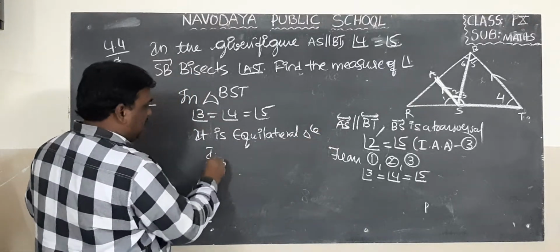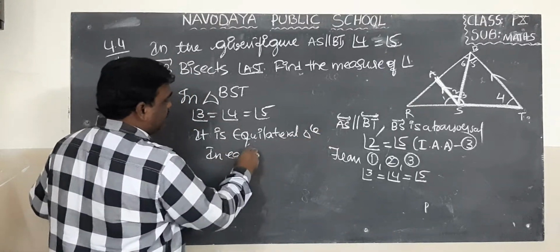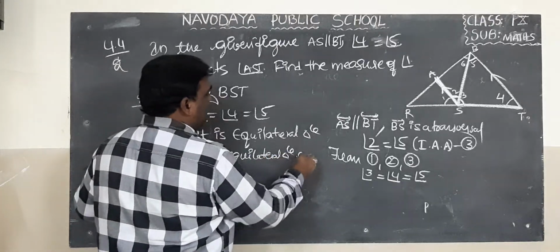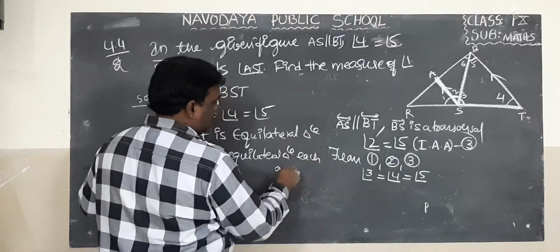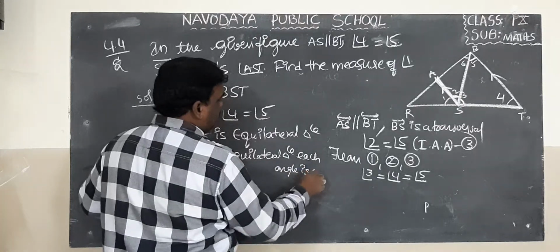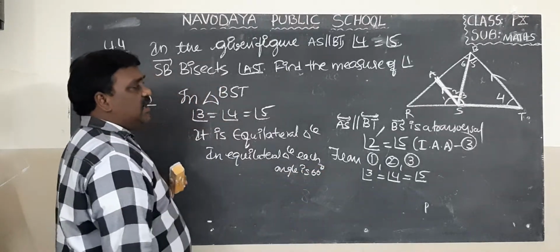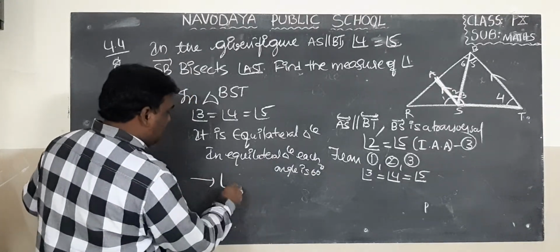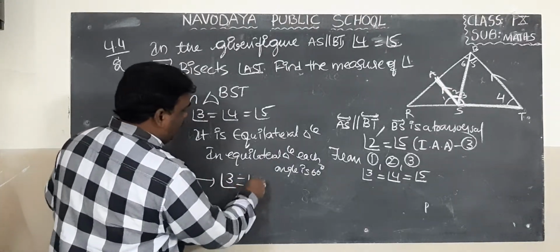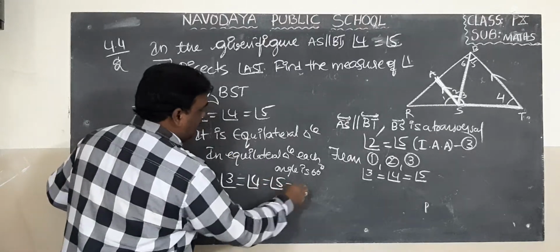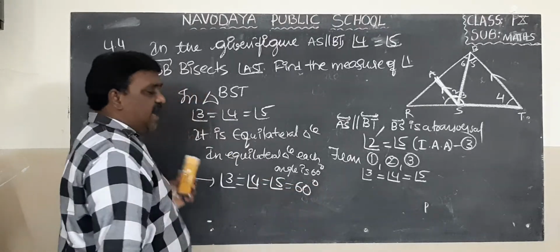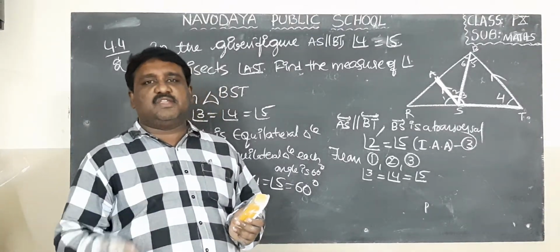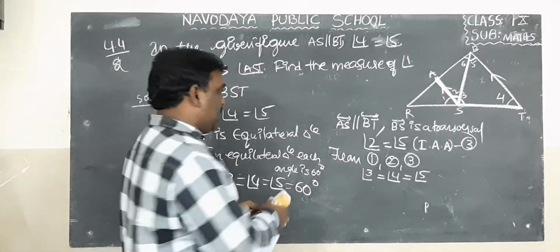In an equilateral triangle, each angle is 60 degrees. So angle 3 equal to angle 4 equal to angle 5 equal to 60 degrees. Angle 3 how much? 60. Angle 4 how much? 60. Angle 5 how much? 60. Because it is an equilateral triangle.